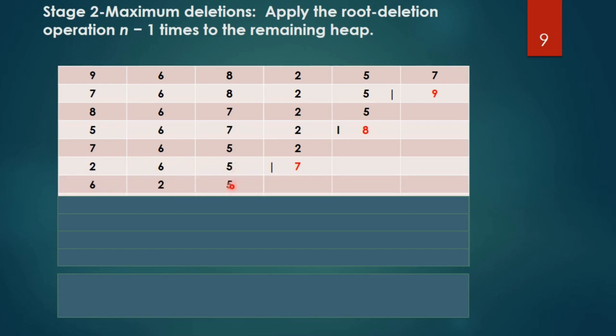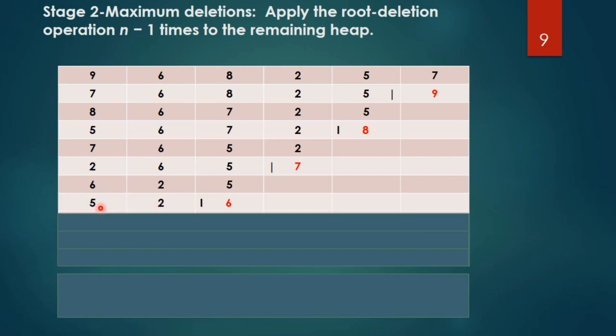Next, what should I do? I have to swap 6 and 5. Is it required? No, it's not required, isn't it? So then I have to swap 5 and 6. Swap 5 and 6.